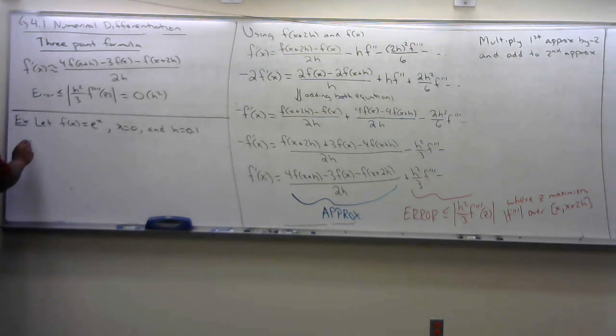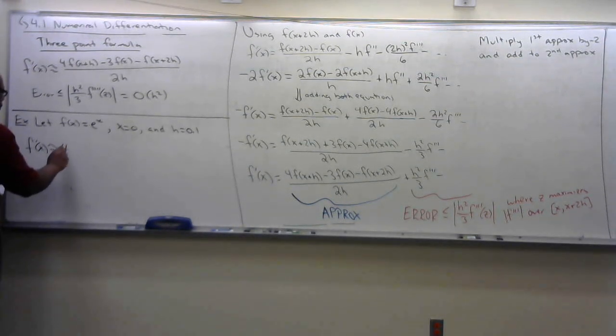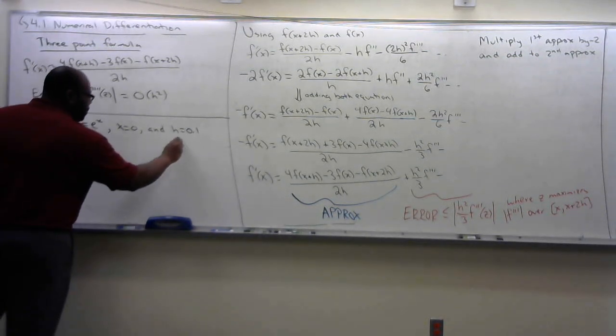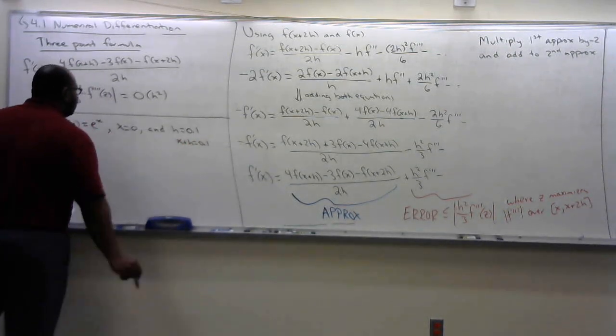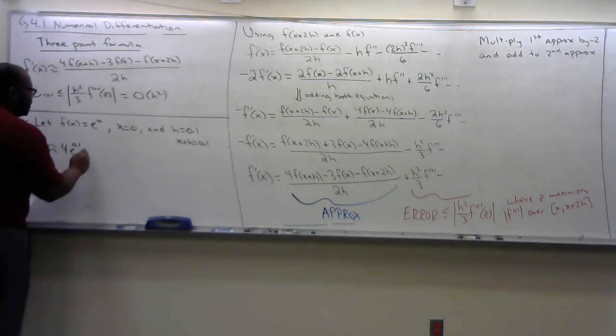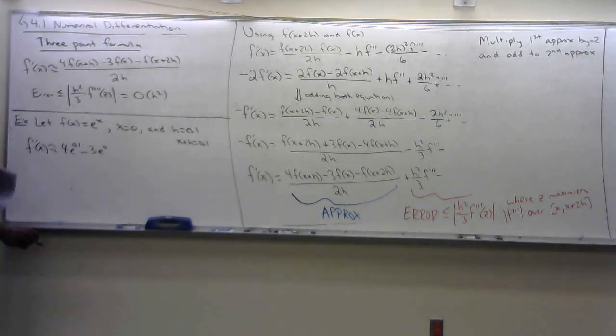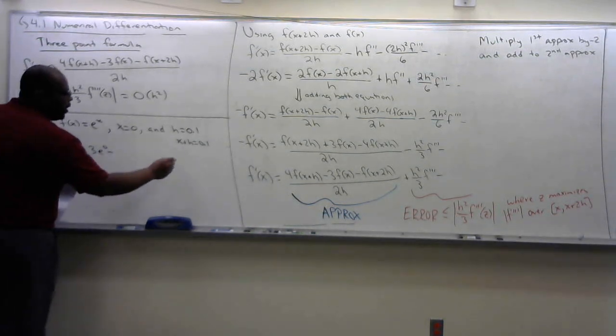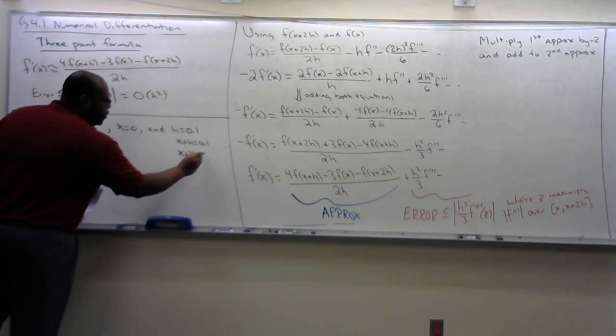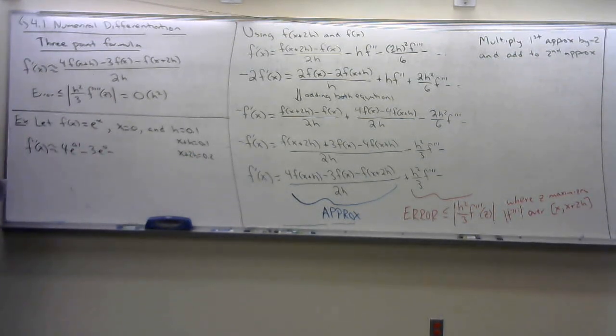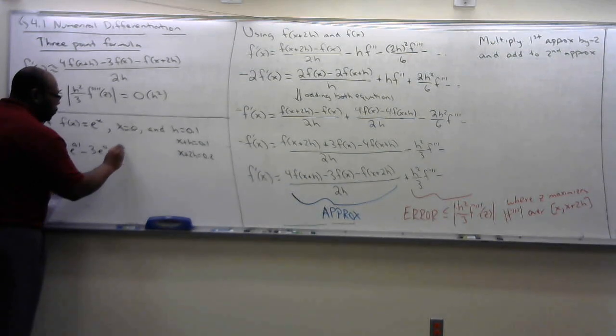So if you use this formula, f prime of x is approximately equal to, in this case, x plus h is going to be 0 plus 0.1, so I get 4 e to the 0.1, minus 3 times e to the 0, minus f of x plus 2h. f of x plus 2h is 0.2, so this becomes e to the 0.2.